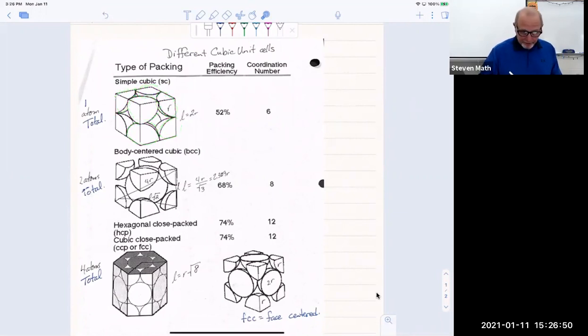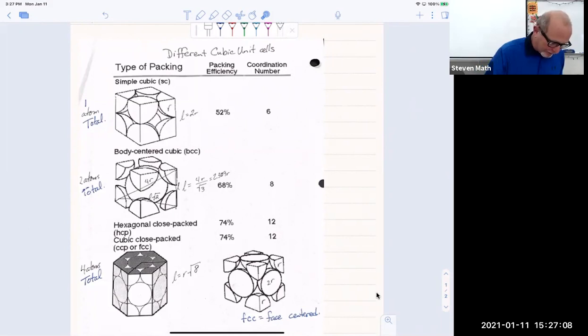There are 6 sides to the cube. There are 8 corners to this cube, and each corner has 1/8 of an atom sitting on it.